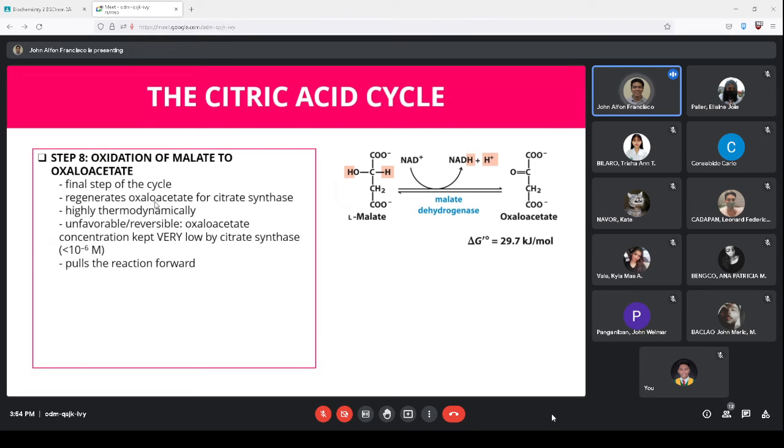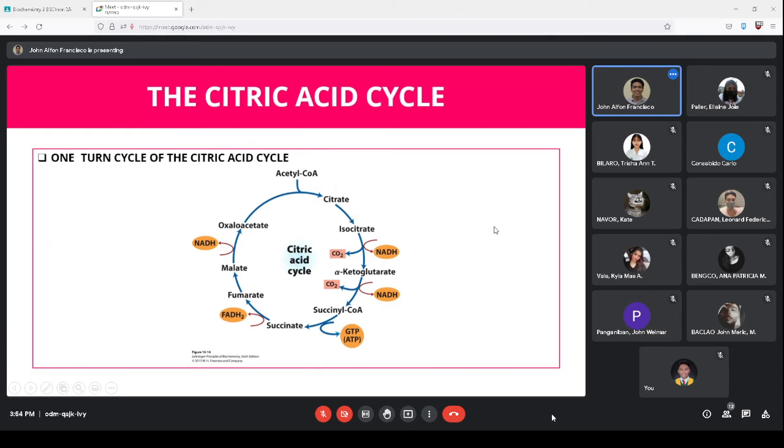And lastly will be the conversion of malate to oxaloacetate, which will be involved nga dun sa another cycle of citric acid cycle. Okay? So nakatapos tayo nung ating citric acid cycles from citrate, isocitrate, alpha ketoglutarate, succinyl-CoA, succinate, fumarate, malate, and oxaloacetate. Okay? So, question so far on this TCA.